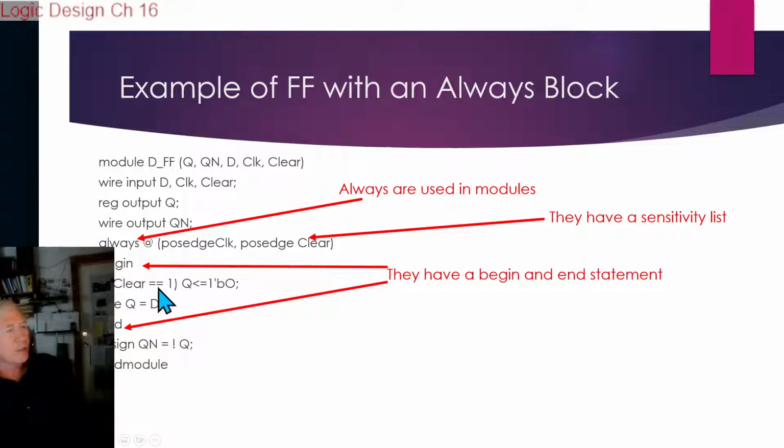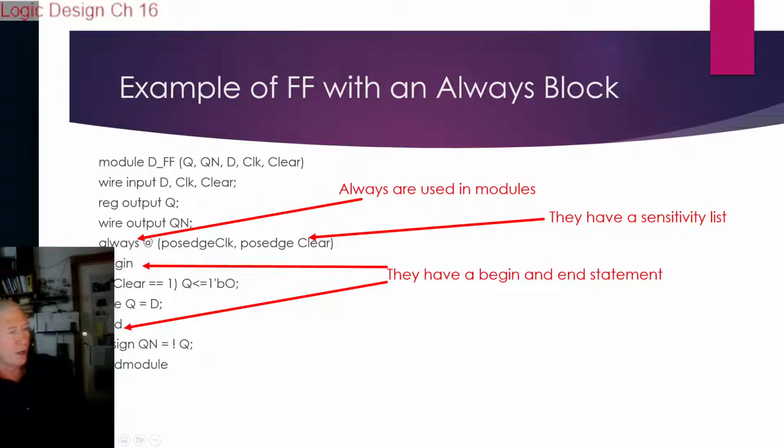All right, and then if this isn't true, else Q equals D. So if our clear is not asserted, and remember, since it's a pos edge, it's an active high clear. If the clear is equal to 0, which means it's de-asserted, then we set Q equal to whatever the value of D is. And D comes in our port list up here. And that's the end of the if statement.